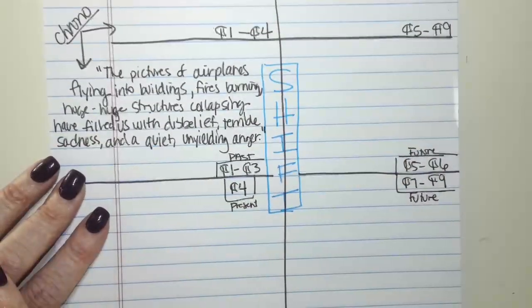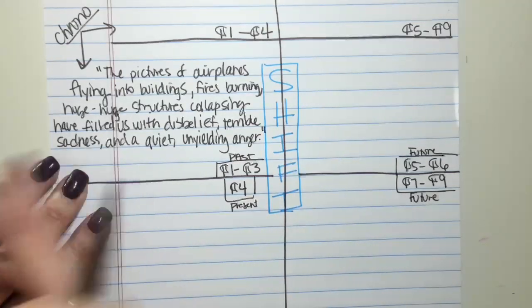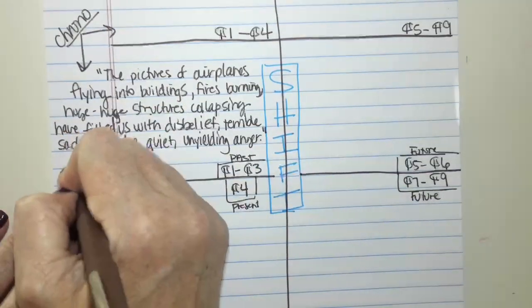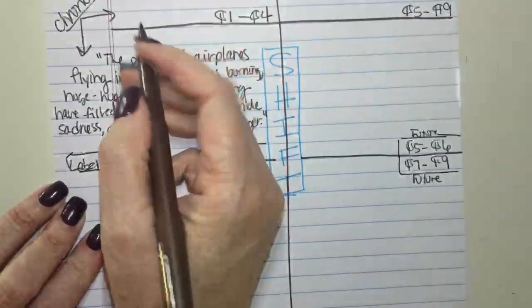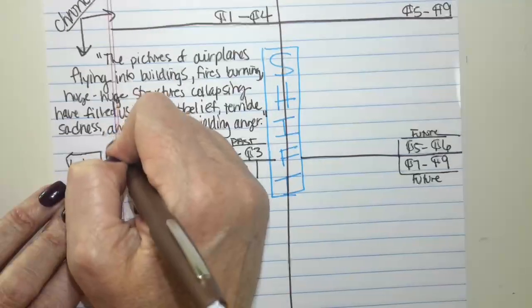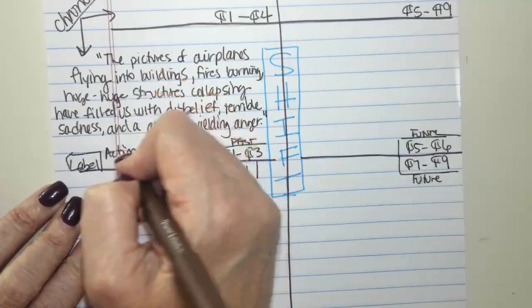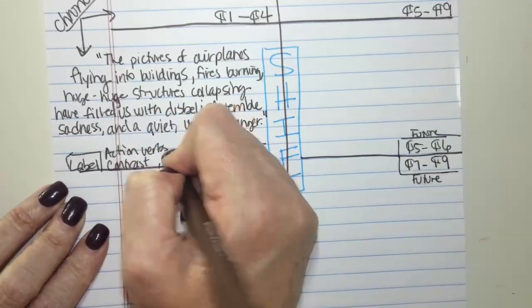Okay. I'm going to go ahead and write the whole quote down. I could have also used the victims were in airplanes or in their offices. I could have used that whole list too. So I want to jot down what I labeled that. So I'm going to label that we used action verbs. We use contrast. And we also set a list.